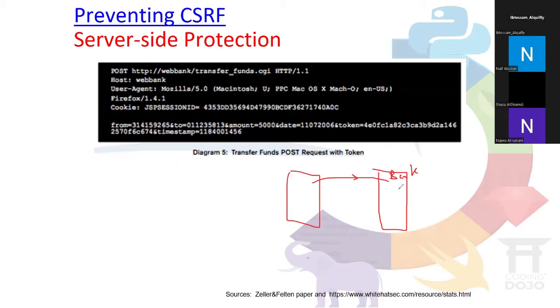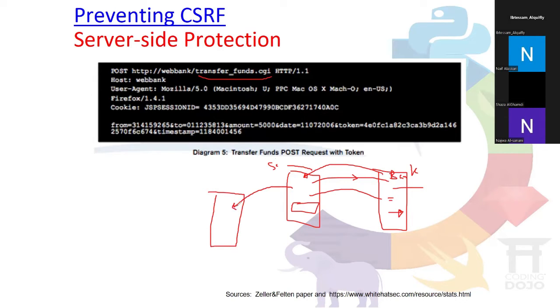When you send the request to this specific page, transferfund.cgi, you need to include a specific token that was sent to your session when you logged in in the first place. So if you have a session ID, every time you go to transfer, add your session ID with the transfer request. Why am I requesting this here? I will go back to this guy over here. When you have visited our website, the attacker doesn't know your session ID.